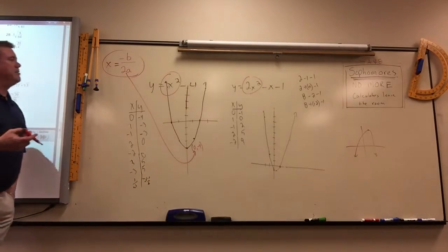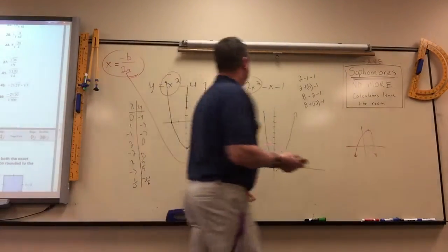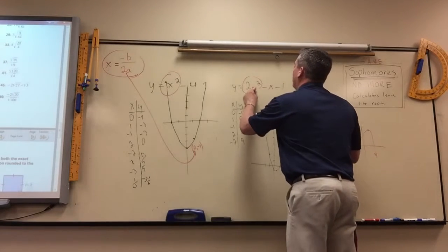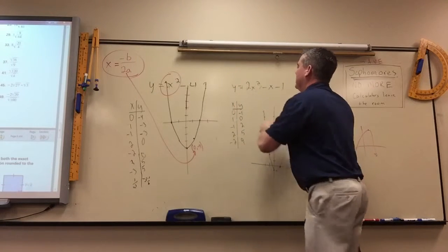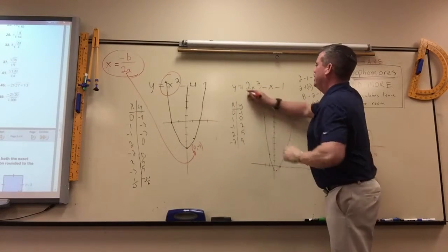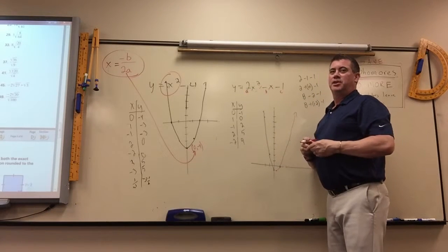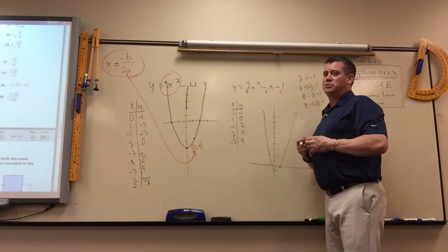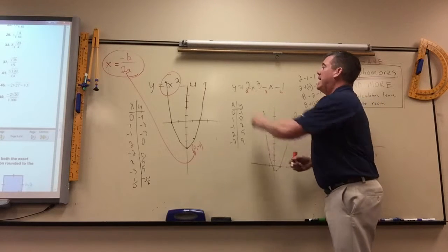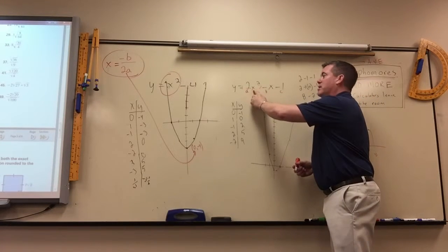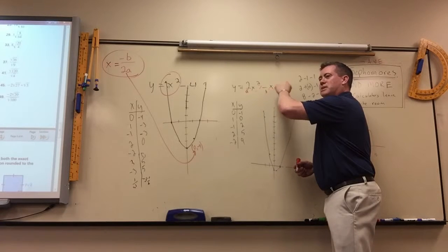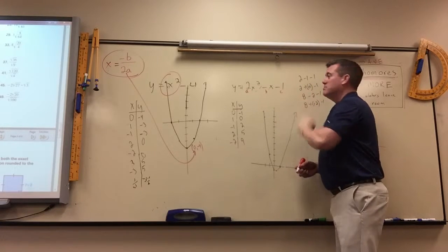Now when I say negative b over 2a, these are labeled. This is A, this is B, and that's C. You're going to need to know that for the quadratic formula, which is coming up later. But A is the number in front of the x squared, B is the number in front of the x, C is the number without an x.